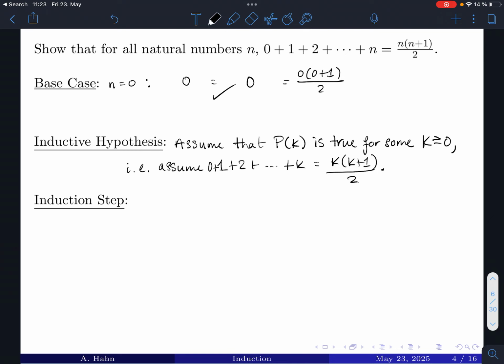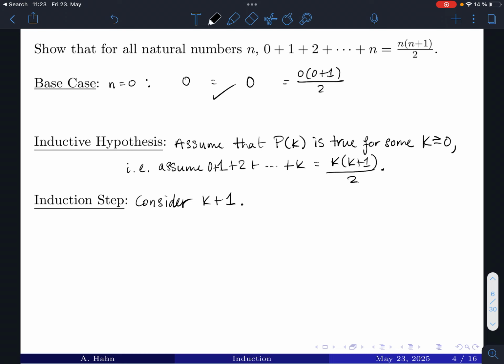So let's do that. Normally how the induction step goes is you just say consider k plus 1, or consider P sub k plus 1, the predicate on the k plus first value. So let's write down: consider k plus 1.